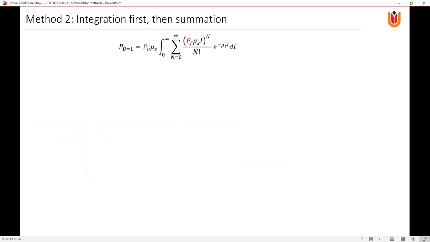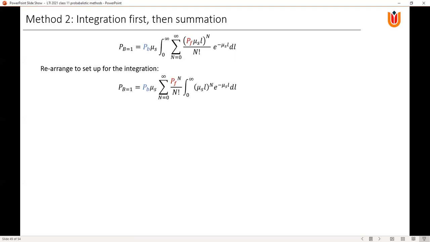Okay, just for the fun of it, the other way around. If we do the integration first and then the summation, that is also insightful. That is why I want to show it. So we can rearrange it and change the order of the summation and the integration. That's what you see here.